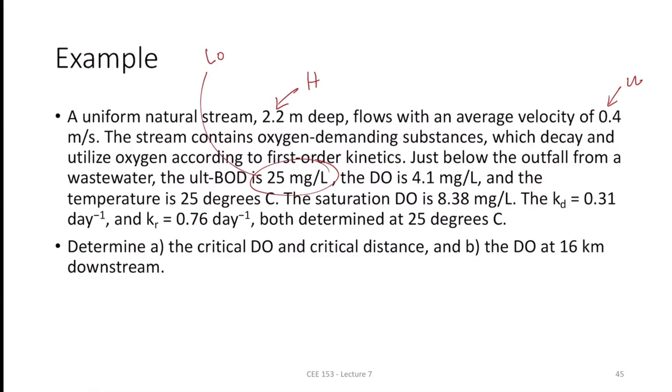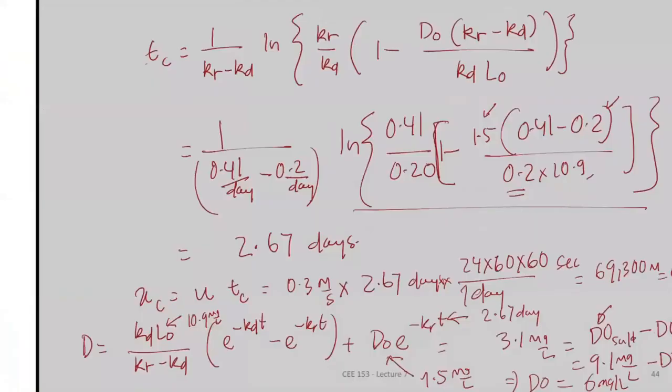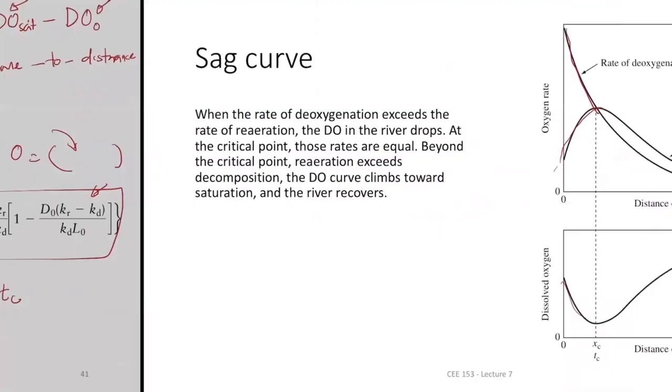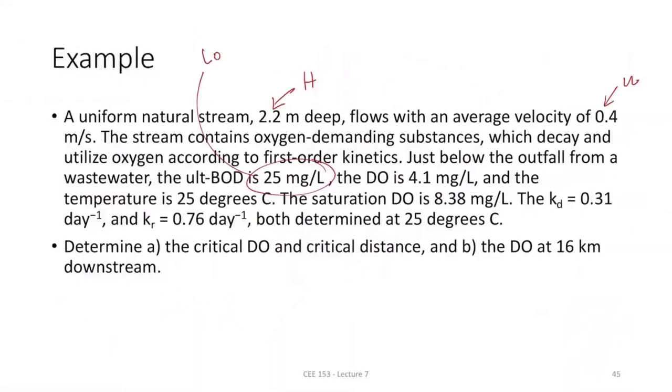So you can write initial DO, which is, let me write the solution. Initial DO is 4.1. So that means initial deficit D0 is the DO saturation minus DO at that spot. Okay. And the temperature is 25 degrees Celsius.